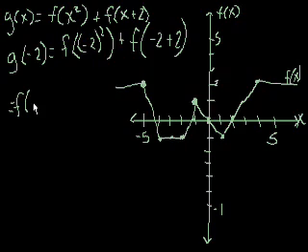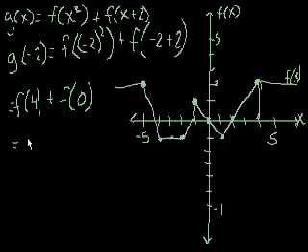That's the same thing as f of 4 plus f of minus 2 plus 2, that's 0, plus f of 0. And now we just have to figure out what f of 4 and f of 0 is. Well, f of 4, we go where x equals 4 is right here. And when x equals 4, f of 4 is equal to 2. So this is equal to 2 plus f of 0.